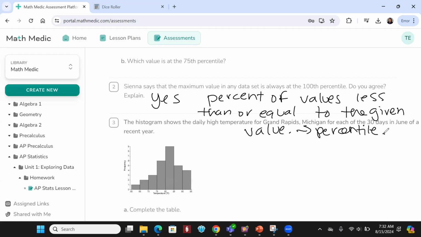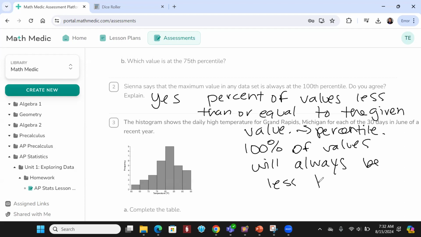We talked about that yesterday. And 100% of the values will always be less than or equal to the max value. Okay. You think back to the description of percentile. Max value.